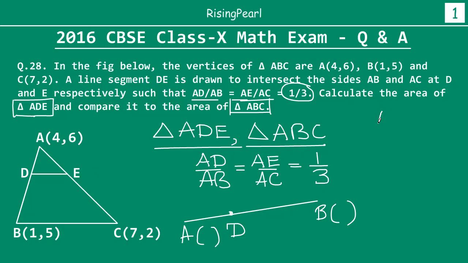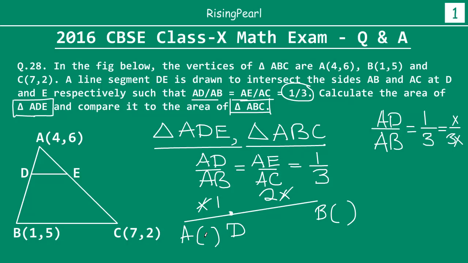It means that if AD is x, the entire AB would be 3x. So this part is x and the entire part is 3x, which means the remaining part is 2x. In other words, point D divides the line AB in the ratio 1:2.